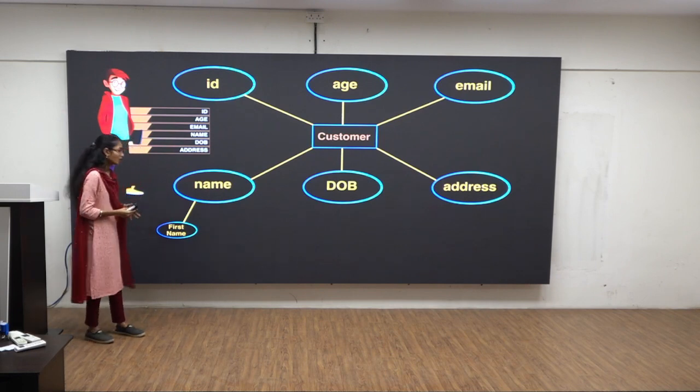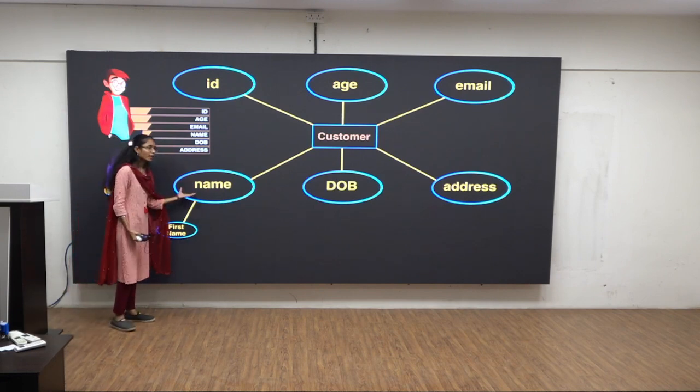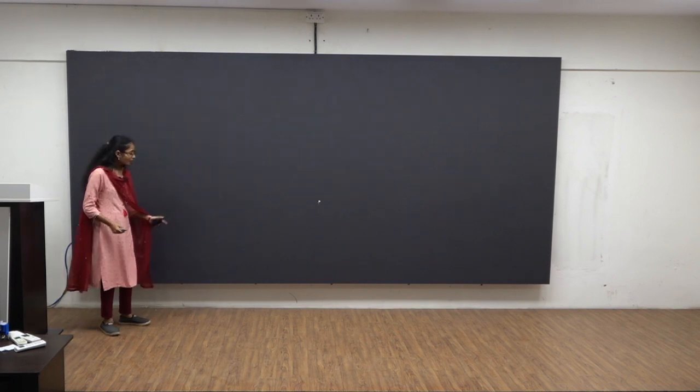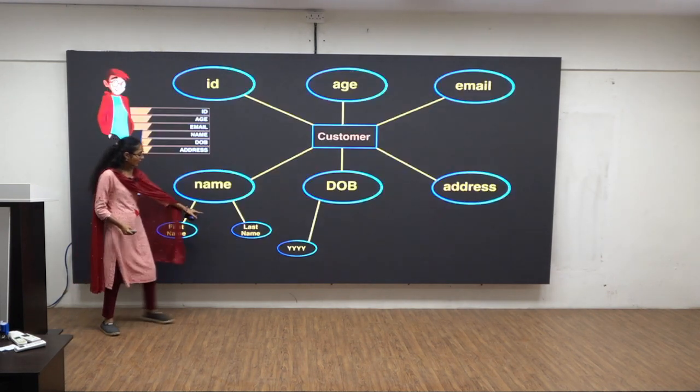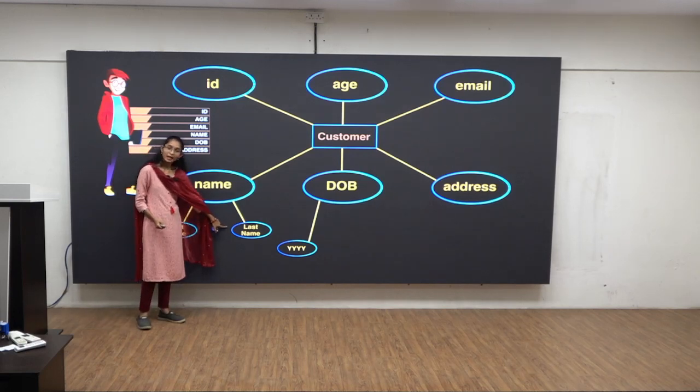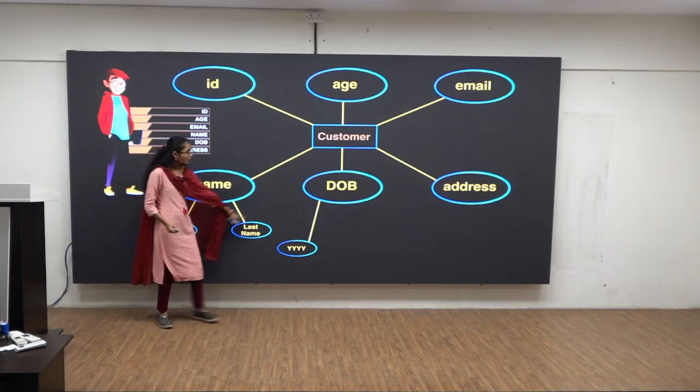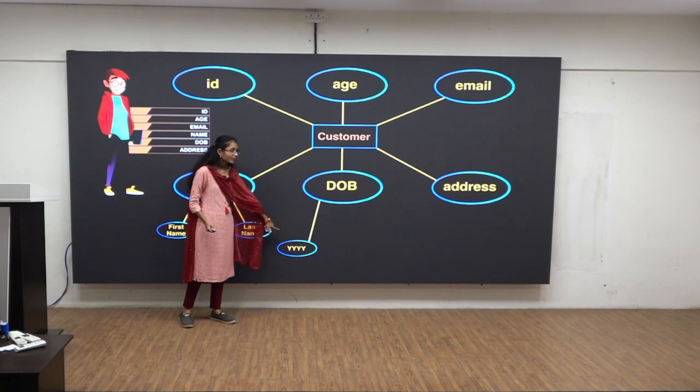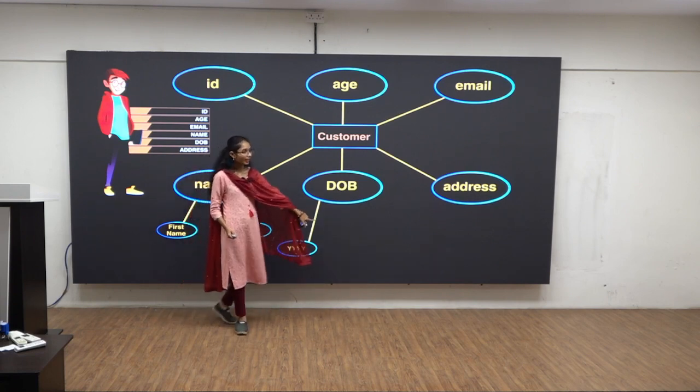And I have a name here. Name is one attribute. And here, can I divide name as a first name? Yes. Can I divide it as a last name too? And date of birth, can I divide it into year, month or day?